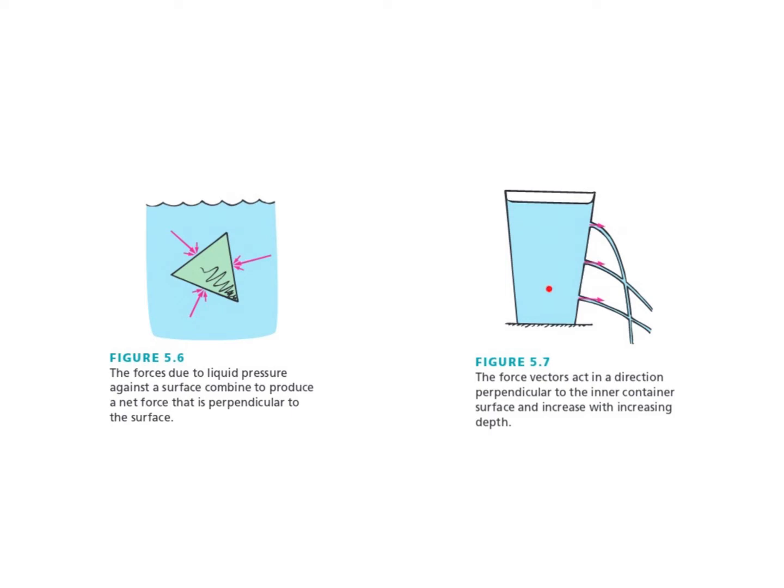The pressure at this point right here is caused by the weight of all the water, or whatever fluid it is, above it. And so if you're down lower, there's more weight of more fluid pushing down on you, and that creates a deeper pressure at the bottom. You guys probably all know that at the bottom of the ocean, there's a lot of water pressure.